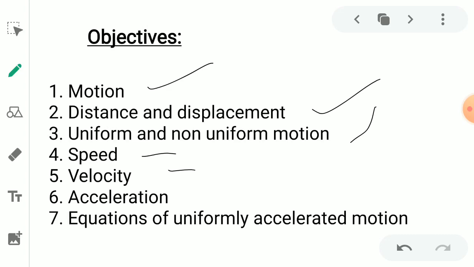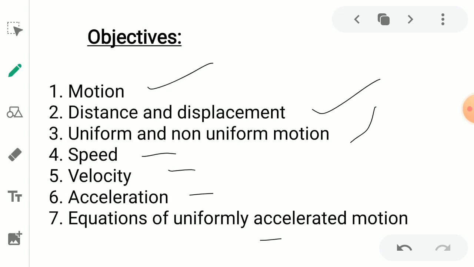Next one is acceleration. Then we will understand the term acceleration, uniform and non-uniform acceleration, as well as retardation, and the different graphs which represent acceleration as well as retardation.